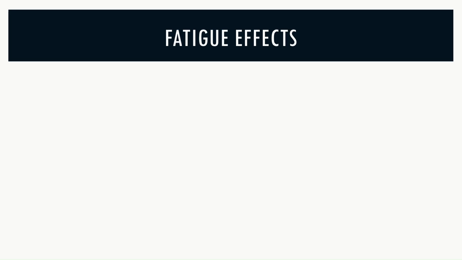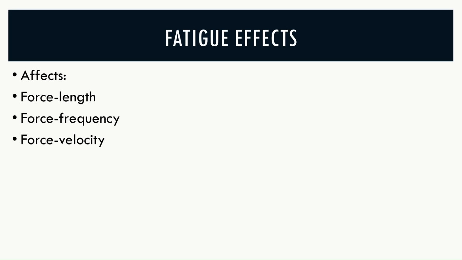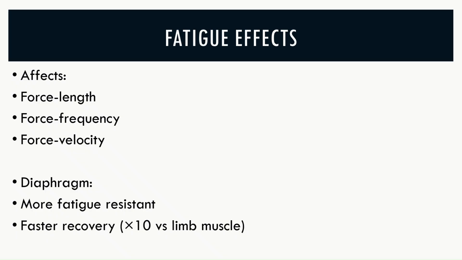Fatigue effects. Fatigue significantly alters all functional properties of respiratory muscles. However, the diaphragm is more resistant to fatigue and recovers up to 10 times faster than limb muscles performing similar tasks.